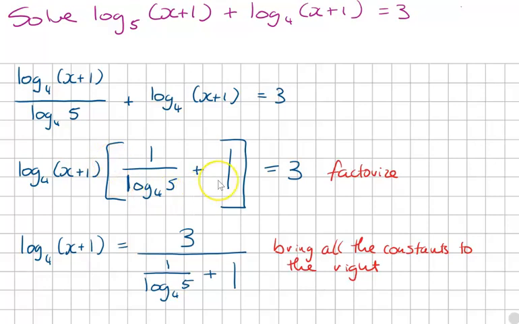Dividing by this will cancel it out, but we have to divide the right hand side by the same thing. So that's why we have 3 divided by (1 over log base 4 of 5, plus 1). So we have all the constants now on the right hand side.